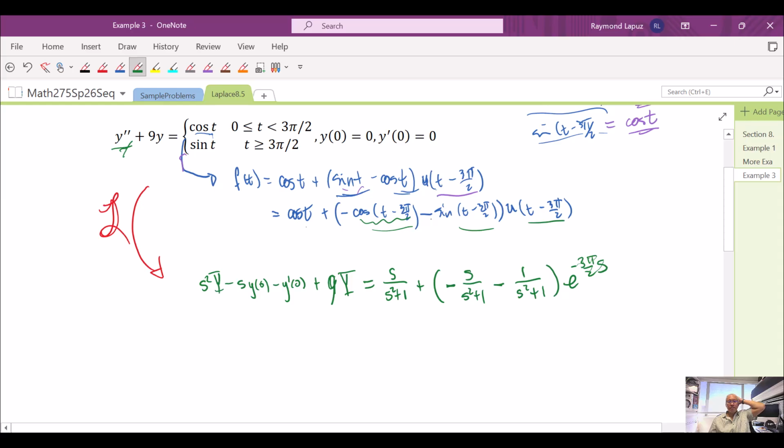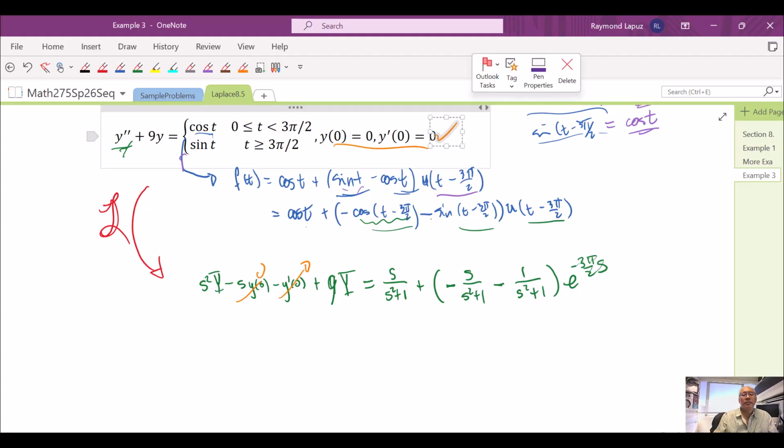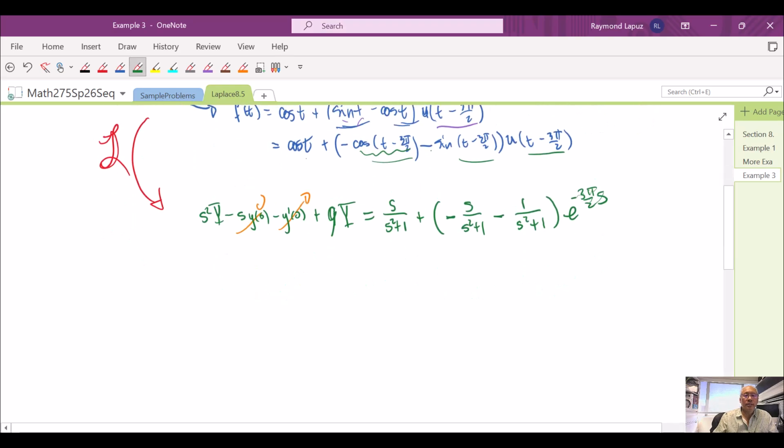Okay, that's that. Good news, these are both equal to 0 because my initial conditions are equal to 0. And so I am well into the Laplace world solving for y. So I have s squared plus 9 times y equals s over s squared plus 1, and then this other stuff.